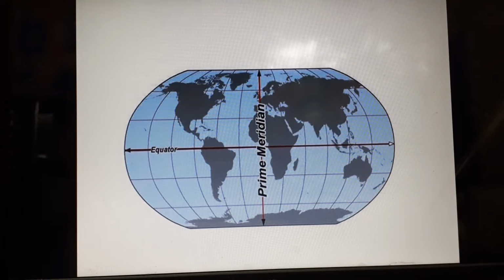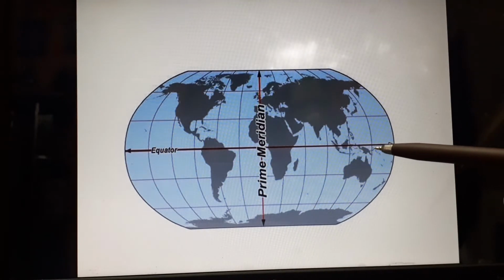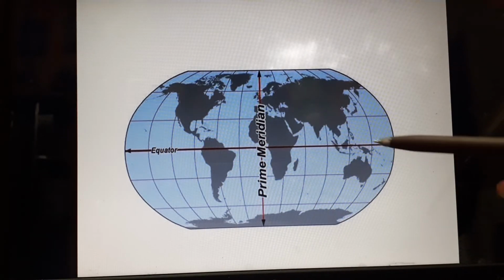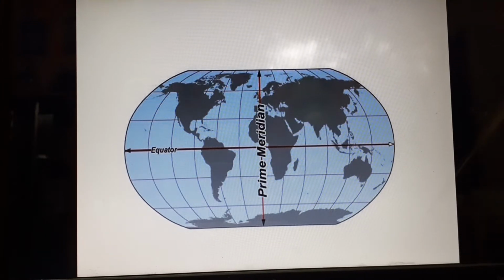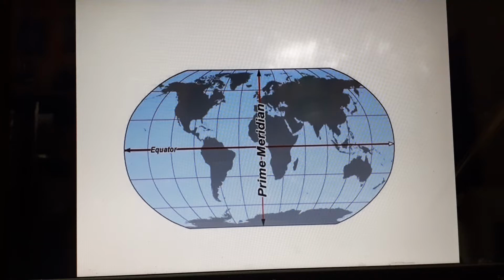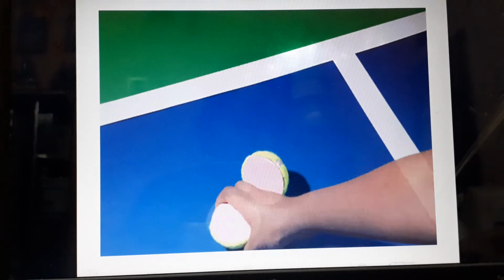Okay? So, we have an imaginary line running exactly at the center of the sphere. Just think you have a ball and cut it into two equal parts. Okay, then you will get two hemispheres, right?